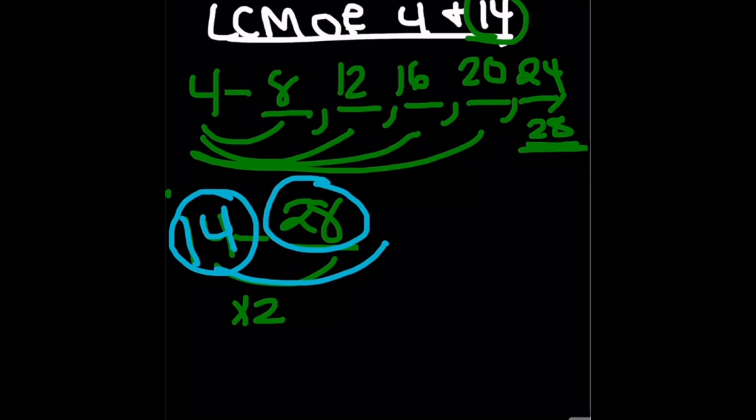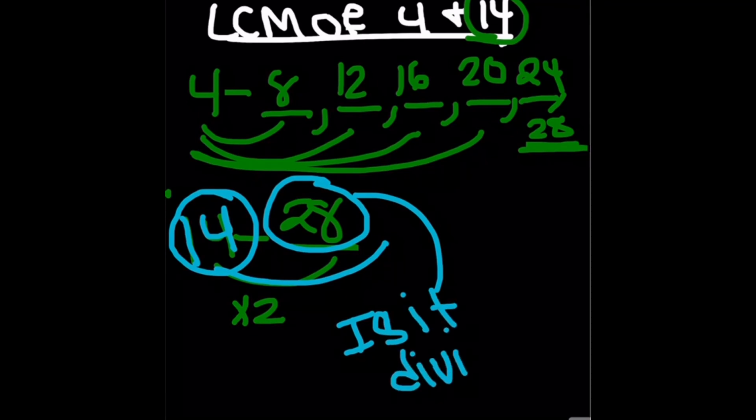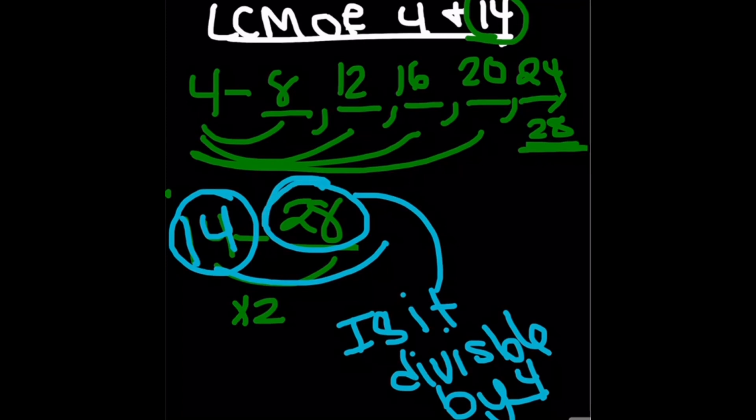I think, okay, is it divisible by 4? Right away I know, okay, it's divisible by 4. So we know it's definitely a multiple.